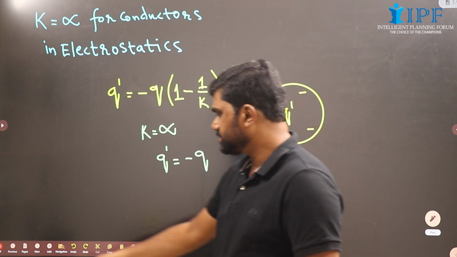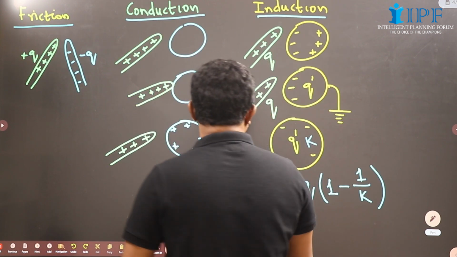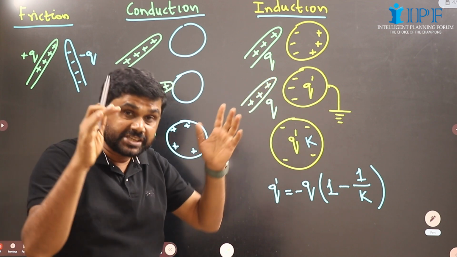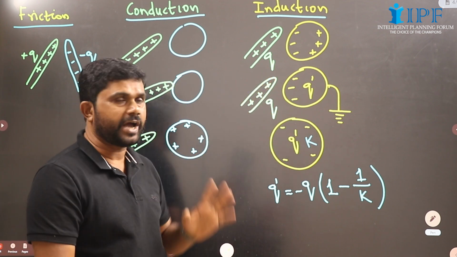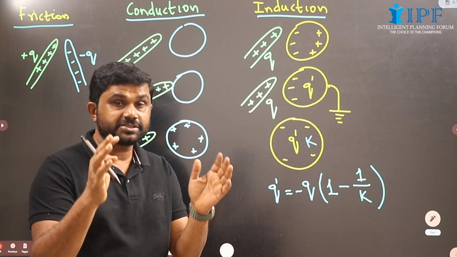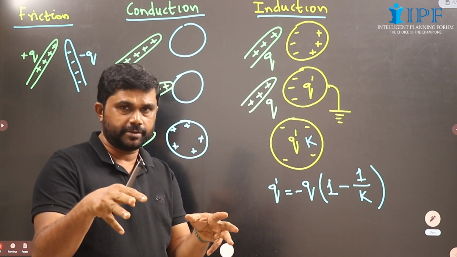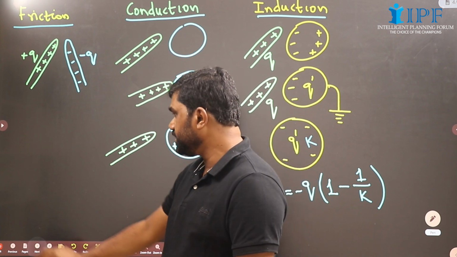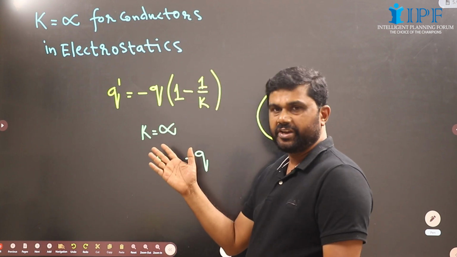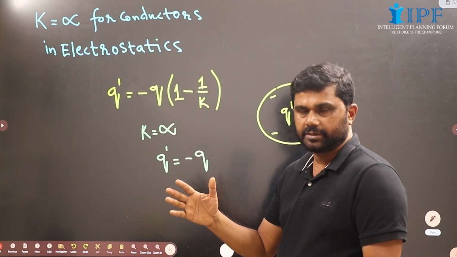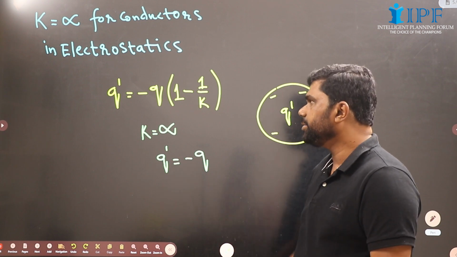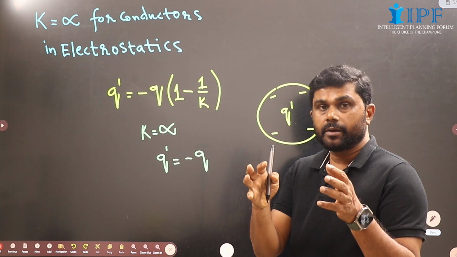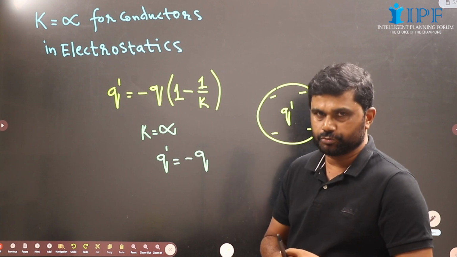Here Q is the charge on the charging body, Q dash is the charge induced on the charged body, and K is the dielectric constant of the charged body. When it is a conductor, Q dash will be equal to minus Q, meaning an equal but opposite charge will get induced.